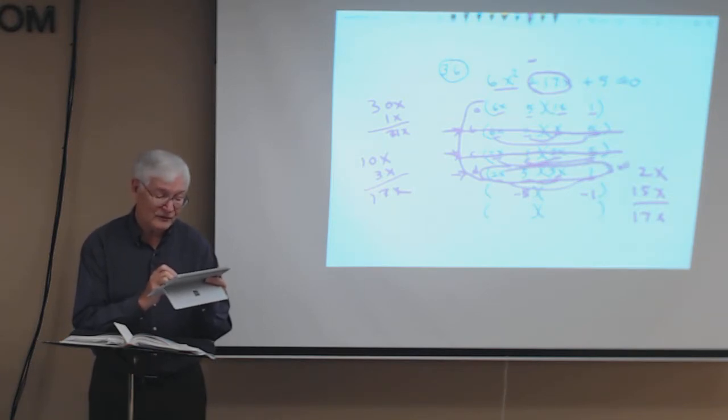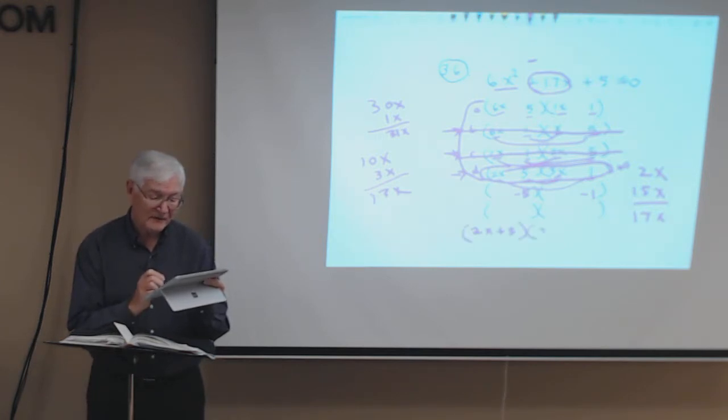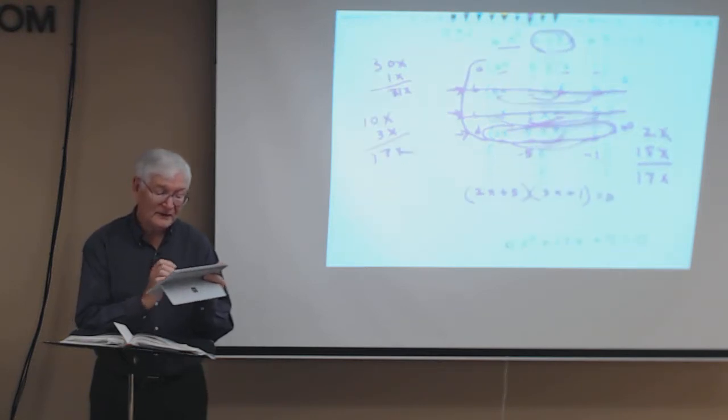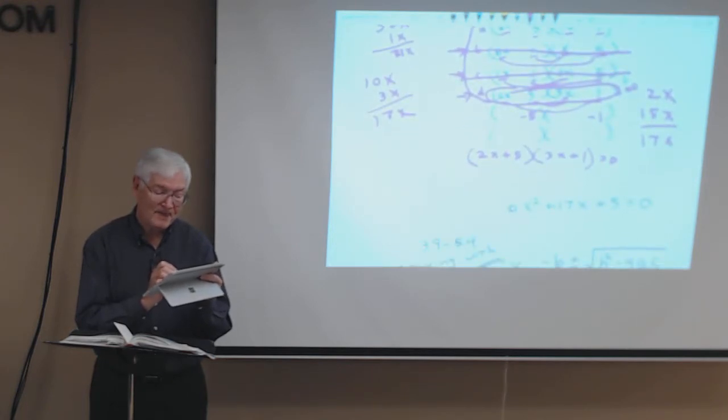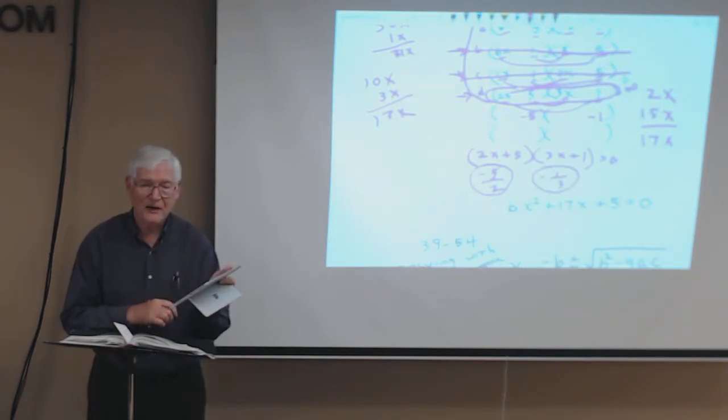So now we have 2x plus 5 times 3x plus 1 equals 0. So what zeroes this out? Negative 5 halves. What zeroes this out? Negative 1/3. Everybody follow what's going on?